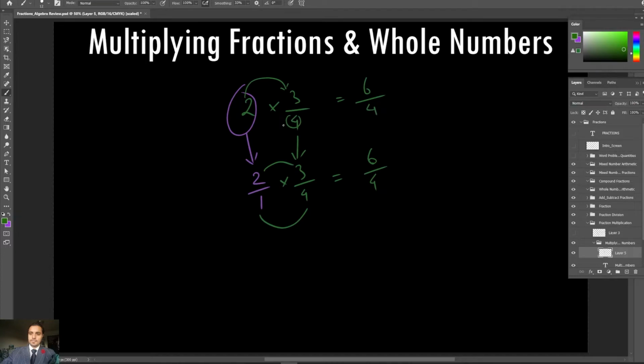Of course, the reason for that is that every whole number can be written as a fraction. 2 can be written as 2 over 1, or 2 divided by 1, because 1 divides 2 wholly. So 2 over 1 is exactly equal to 2. They're equal. And so 2 over 1 multiplied by 3 over 4 is literally 2 times 3 is 6, and 4 times 1 is 4. So that's literally that simple.